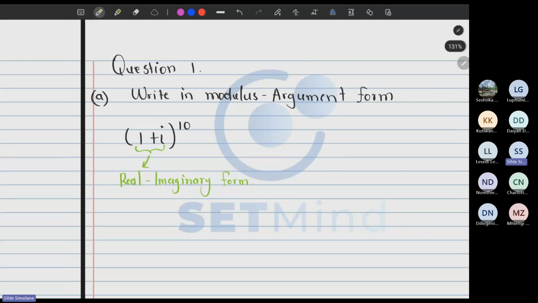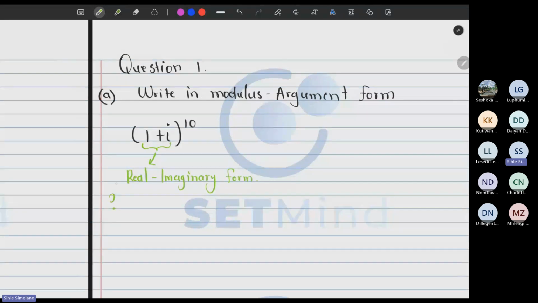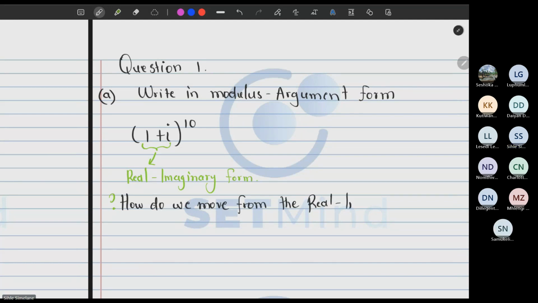So now the question which we need to ask ourselves essentially, which we will answer, is how do we move from the real imaginary form to the modulus argument form?